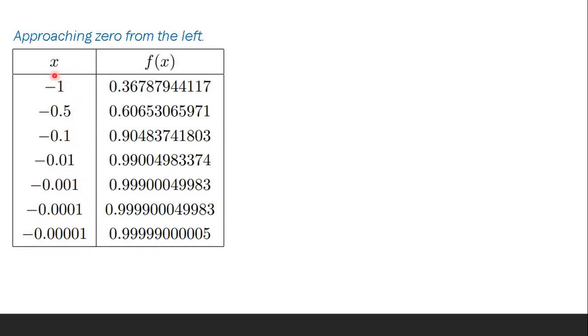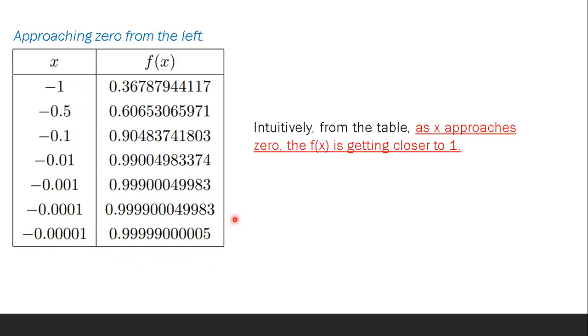This is our x. So as x approaches 0, the value of our f of x approaches 1. Intuitively, from the table, as x approaches 0, f of x is getting closer to 1.